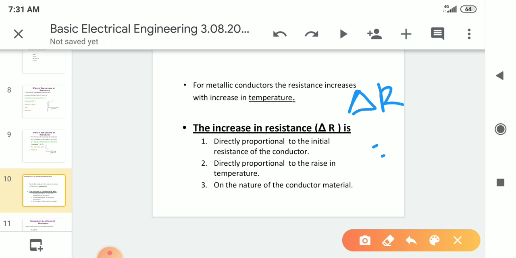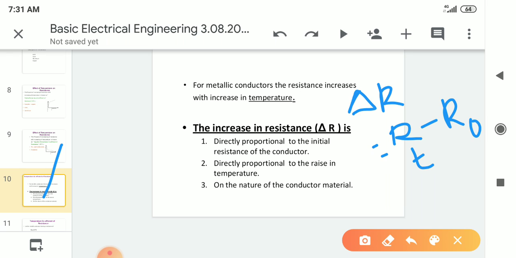It is the difference between the initial resistance and the resistance after the rise in temperature, R_T minus R naught, where R_T is the resistance with increase in temperature and R naught is the initial resistance value. So delta R is written as R_T minus R naught.